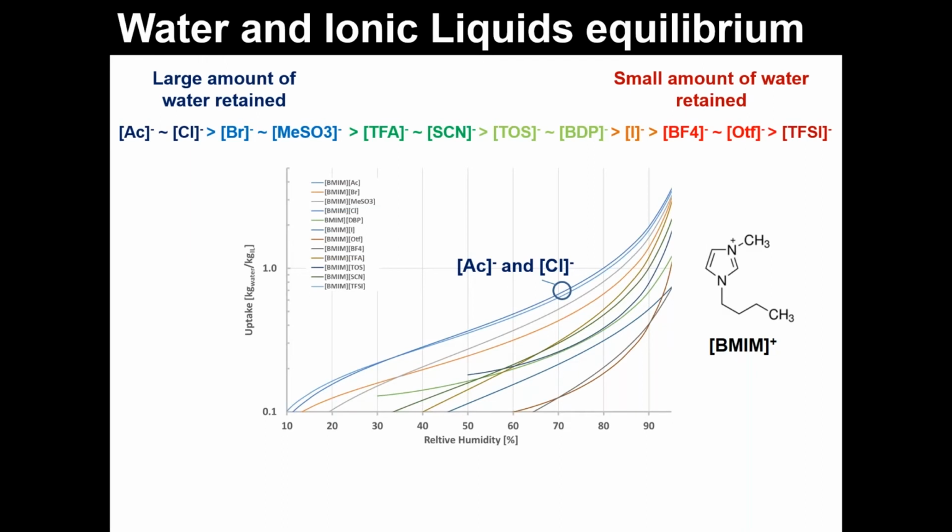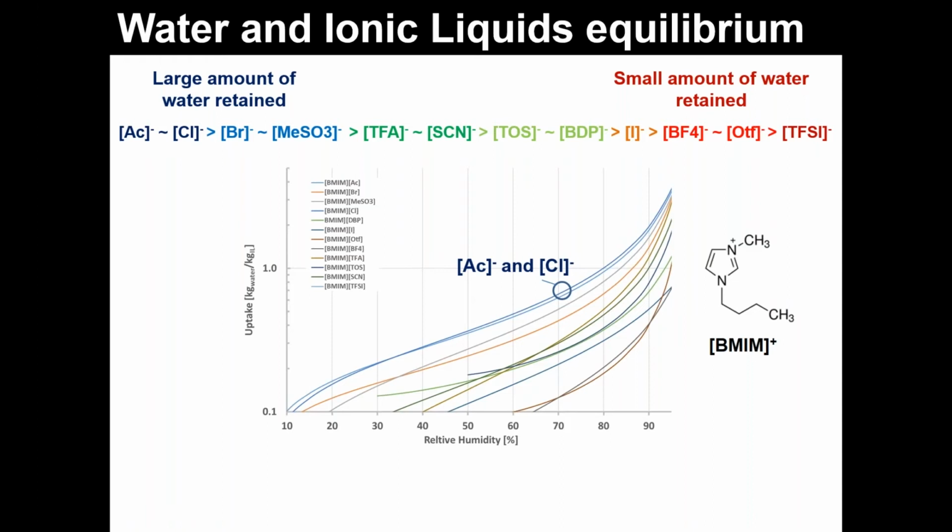We can already rank the hydrophilicity on the basis of the anion, from the large amount of water retained to the small amount of water retained. In any case, even the TFSI anion is going to show some minimal amount of water retained.